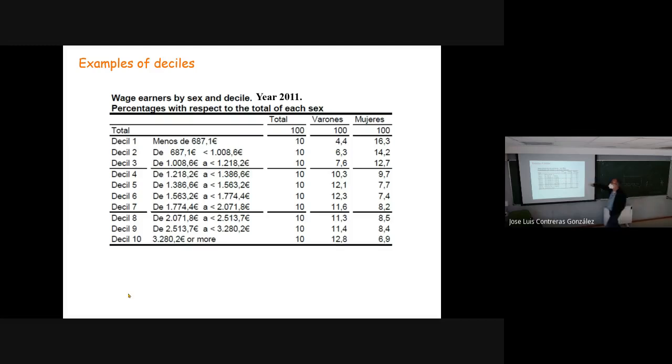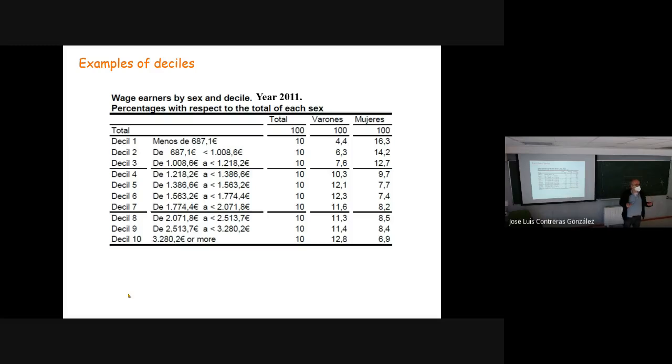Okay, if you go up, you will see that, for example, the last decile, the one which is there at the end, is composed of people that were earning more than 3,300 euros, more or less, per month. So 10% of the Spanish population at that time, 10 years ago, was earning more than 3,300 euros per month, and this is the composition into men and women.